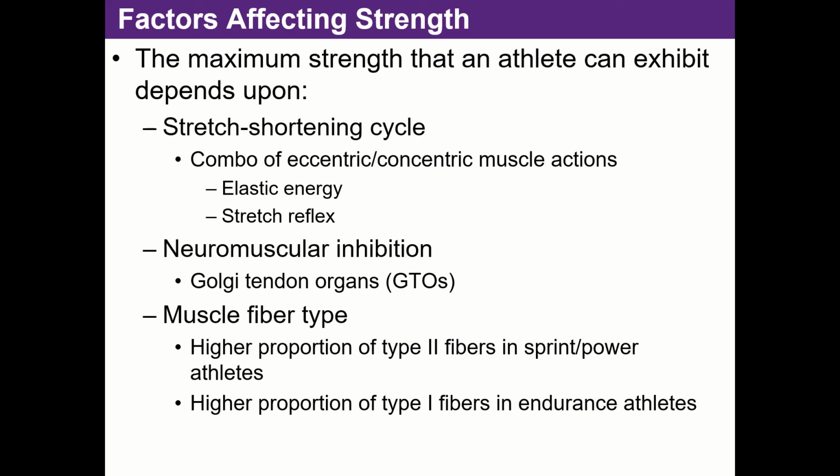So they're not going to be able to generate very much force, but they're going to be able to generate a little bit of force for a really long time. One of the stats I saw relatively recently was that elite endurance cyclists have like 85% type 1 fibers in their quads. So to reach that elite level, you have to have that. It's part of the genetic gift that you have to have, the right fiber type composition.